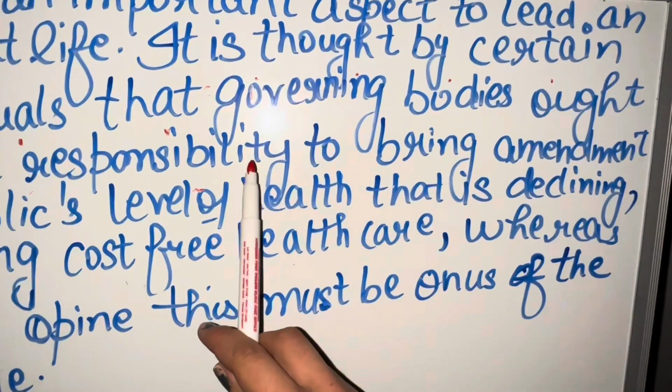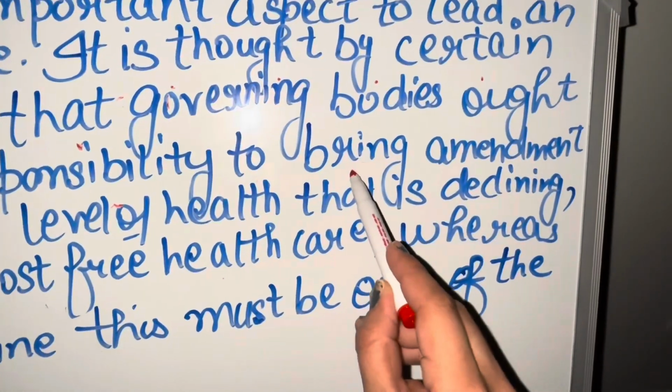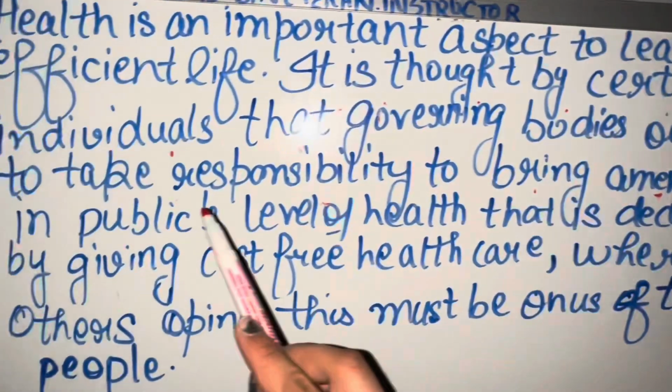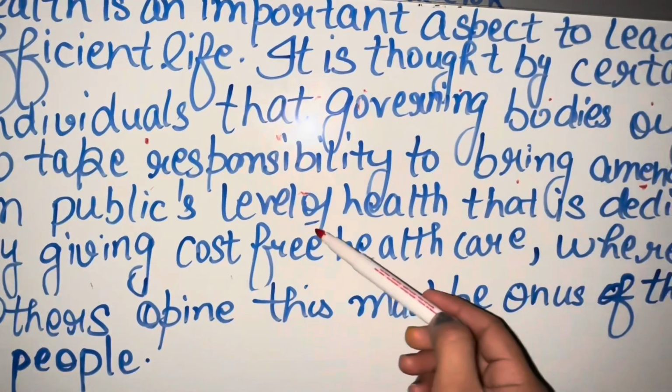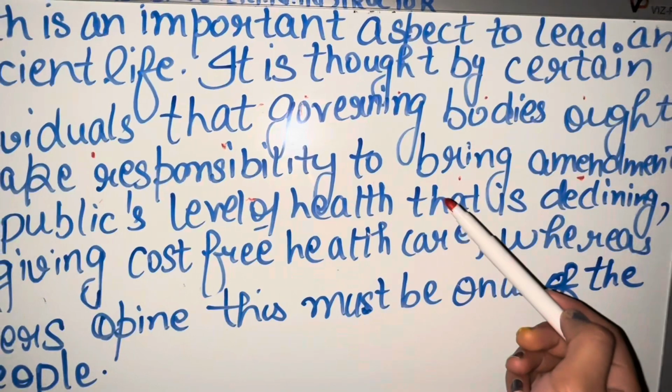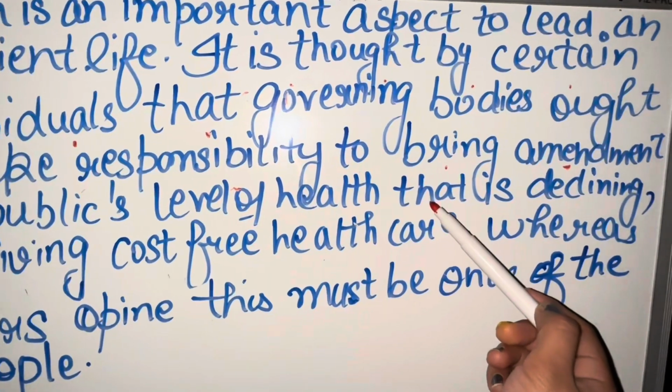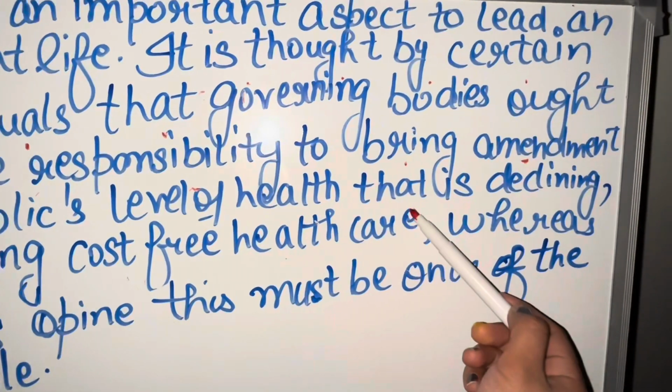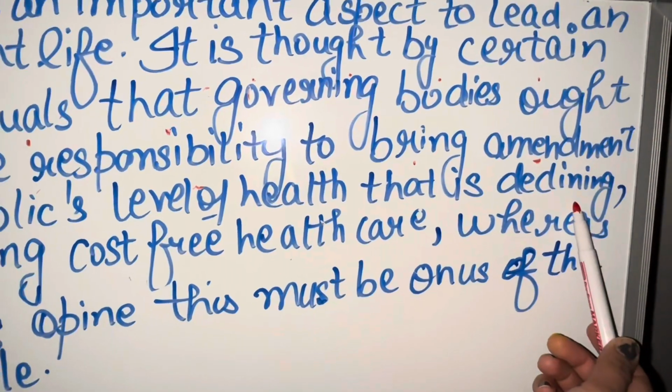Improve, I forgot to tell you earlier, to bring amendment, you can say, in public's level of health. So we are not supposed to miss any part of the introduction. It was written there that is falling, so I have written here that is declining.